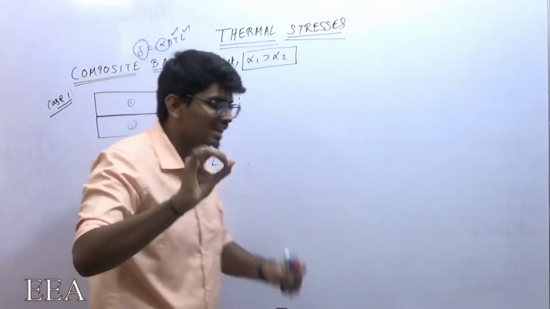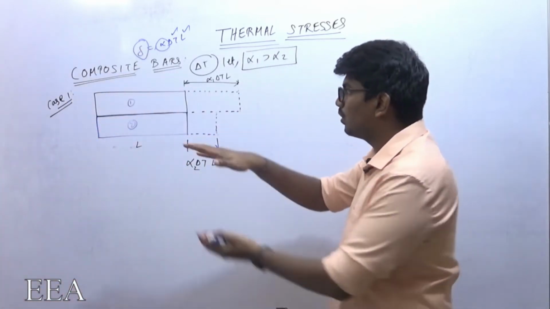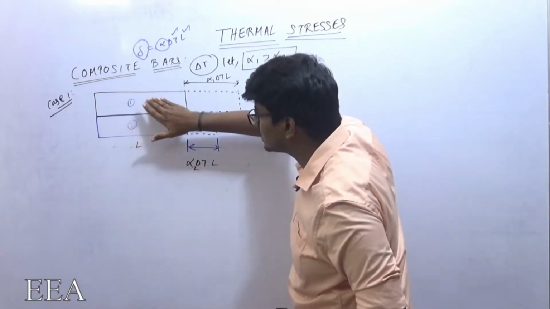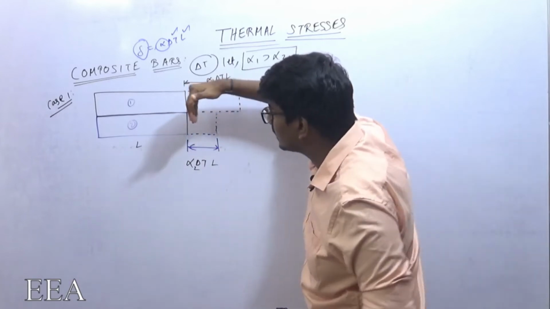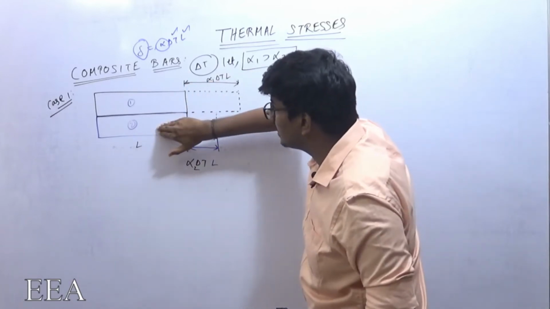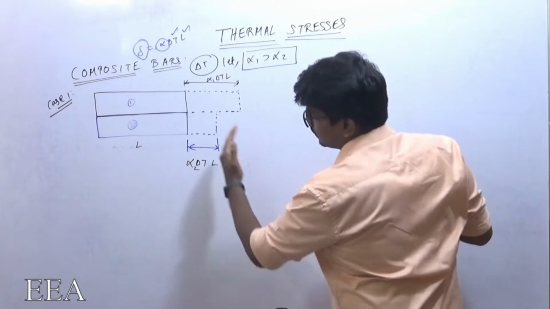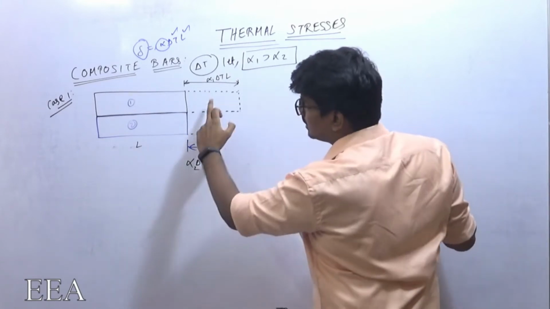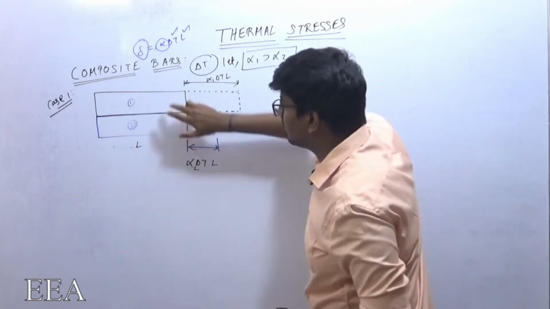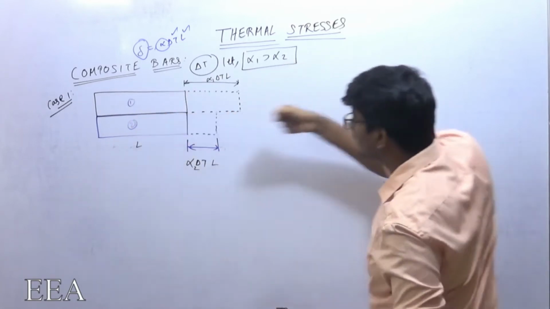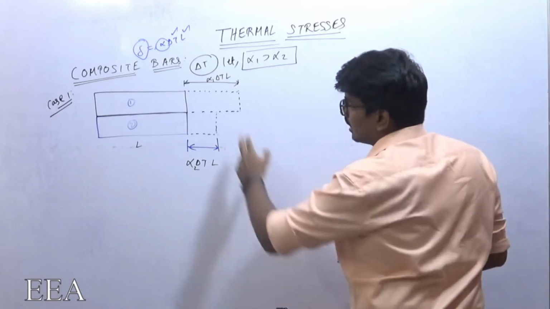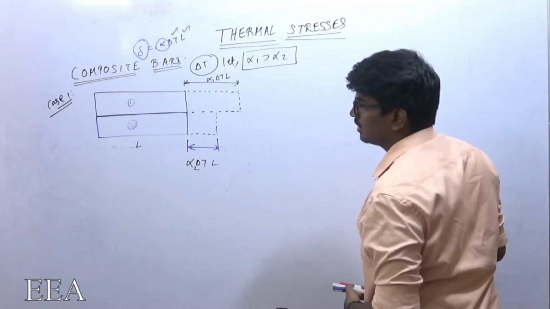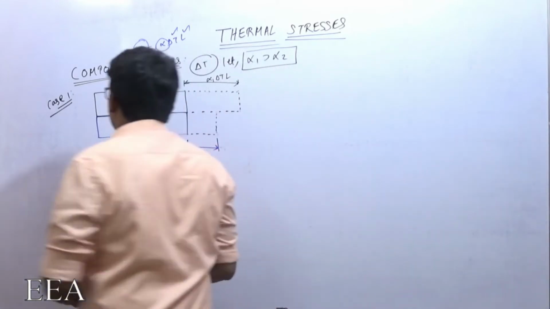So what is actually happening? If both of them are attached together properly, the first member will try to deform more. The second member, after deforming this much, is going to resist, or pull the first member back. The first member will try to pull the second member to the right side, and the second member will try to pull the first member back. So what is in fact happening?